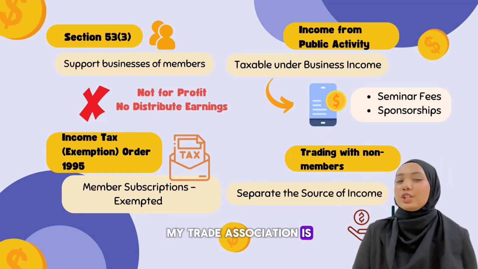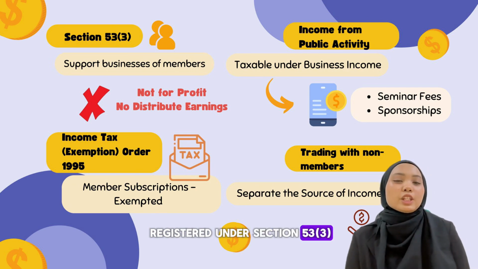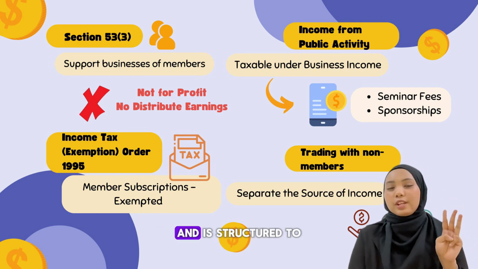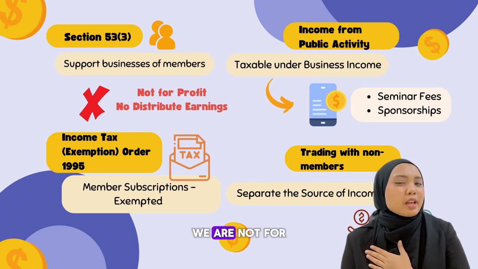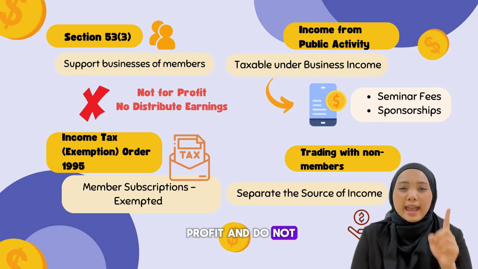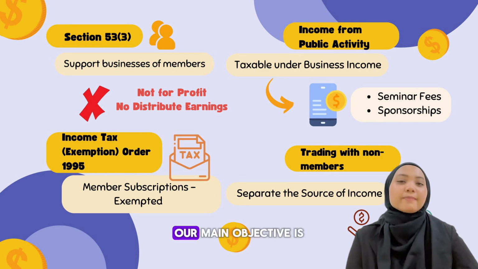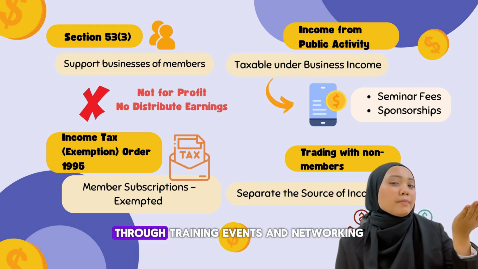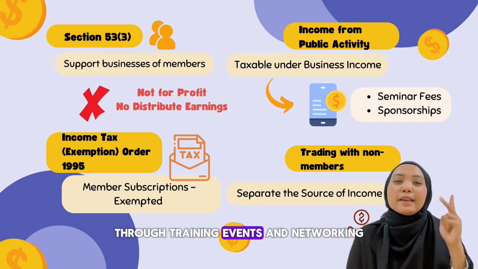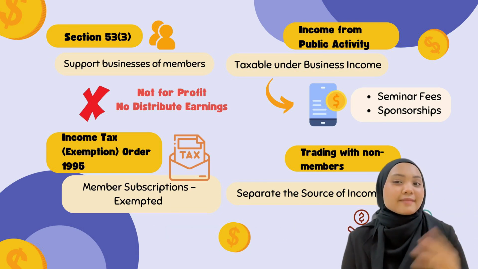My trade association is registered under Section 53, Subsection 3 and is structured to support the businesses of our members. We are not for profit and do not distribute earnings. Our main objective is to represent and uplift our members through training, events, and networking.